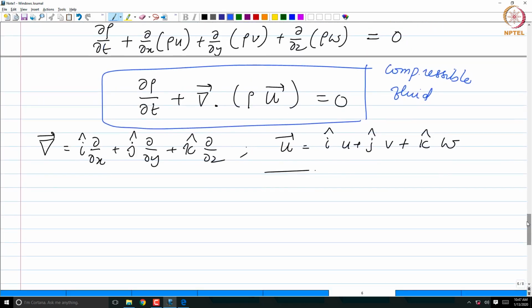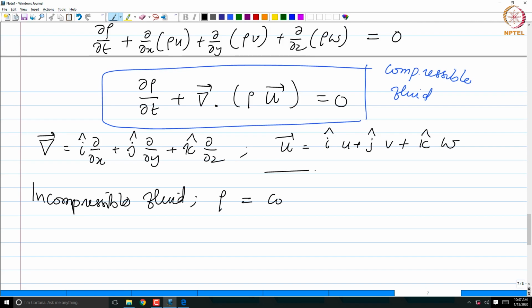Now let's say we have an incompressible fluid, where the density is a constant. If the density is a constant, then the first term drops out.